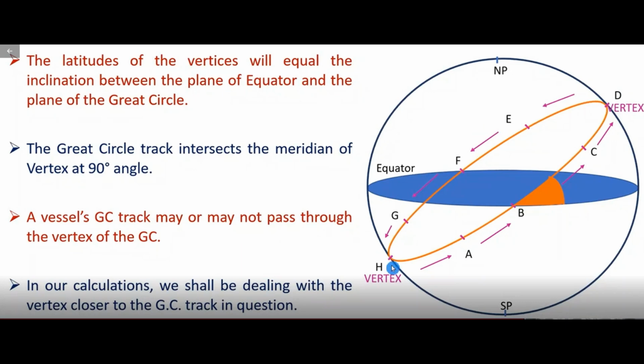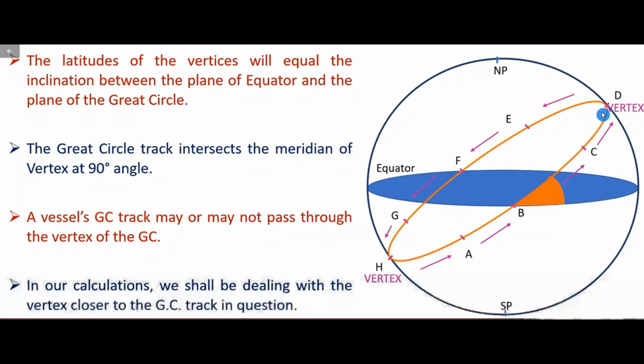So out of these two, which one will we be using? We will be using the one which is closer to us. So we will be using the delta vertex in this case. So this is also clear, beta. Any doubt up to here? No, sir. Very good.